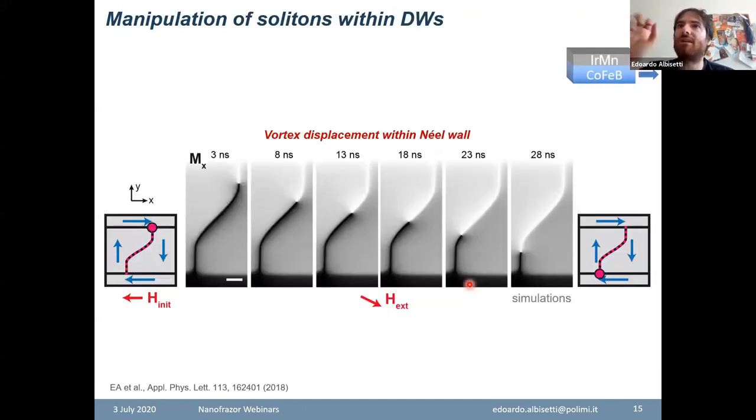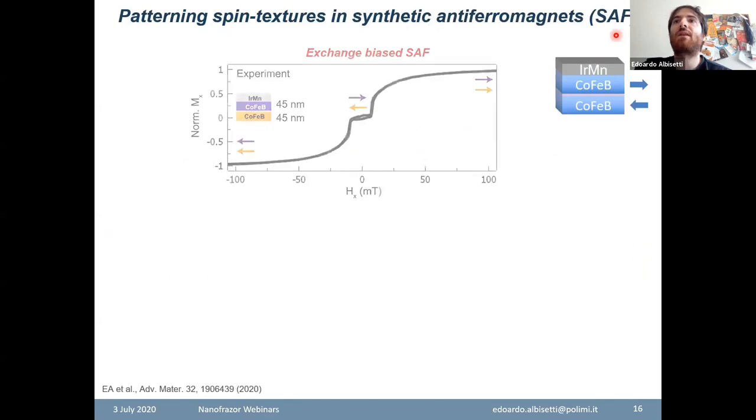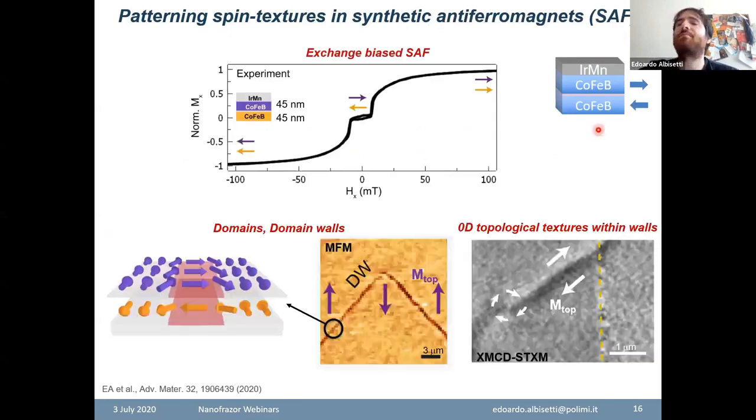So far, I just showed you tam-SPL in this particular system, which is the most simple system that you can have, where you have only one ferromagnetic layer and one antiferromagnetic layer that provides the exchange bias effect that you need for tam-SPL. But you can also complicate things a bit, and you can have different magnetic systems, for example, composed of two ferromagnetic layers, which are point-by-point oriented anti-parallel one to the other.